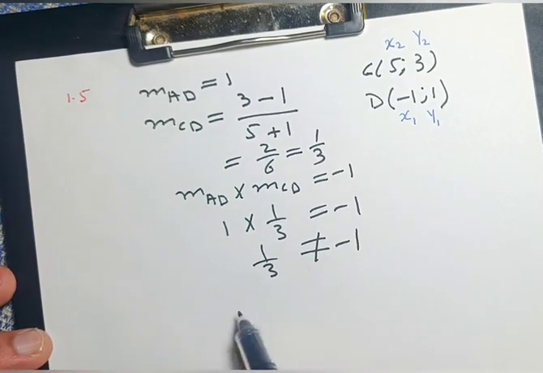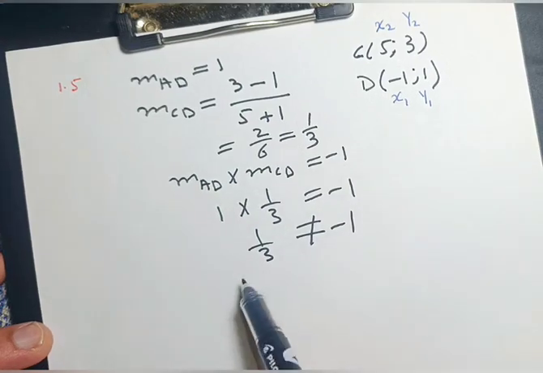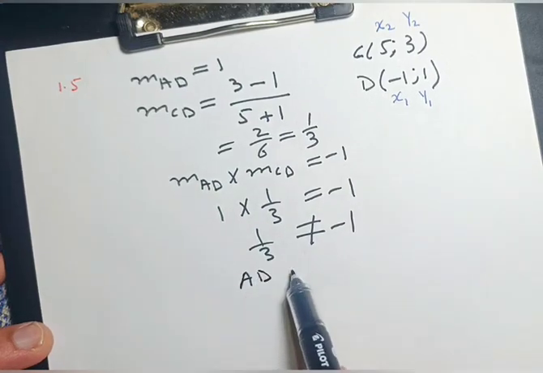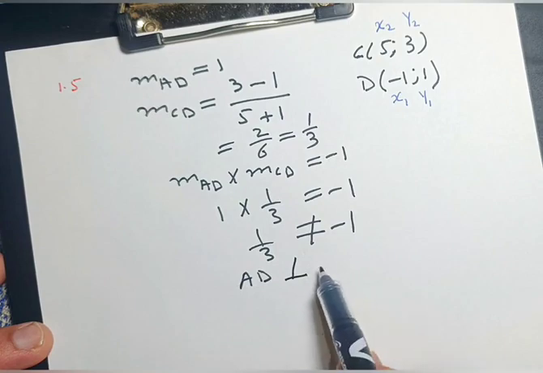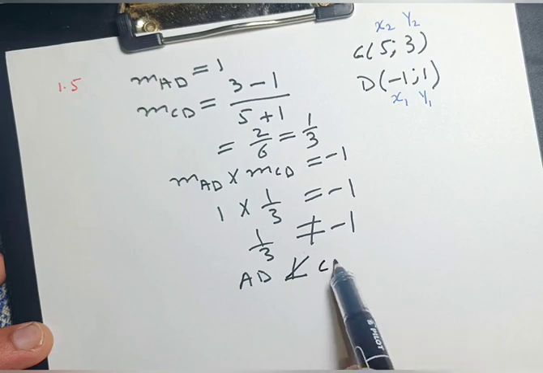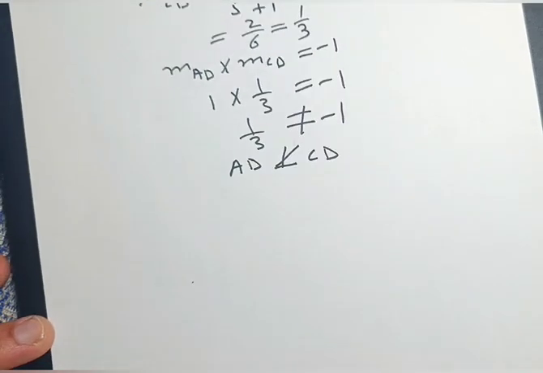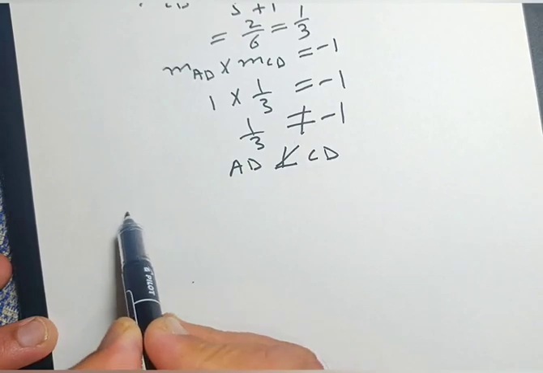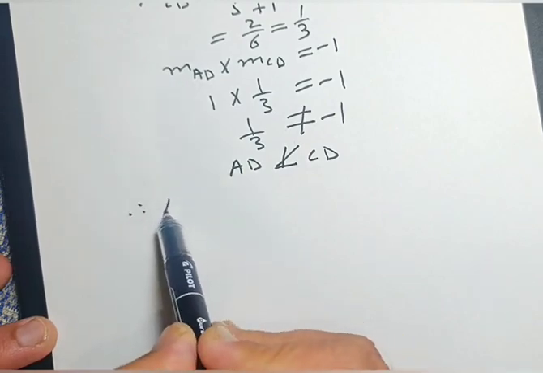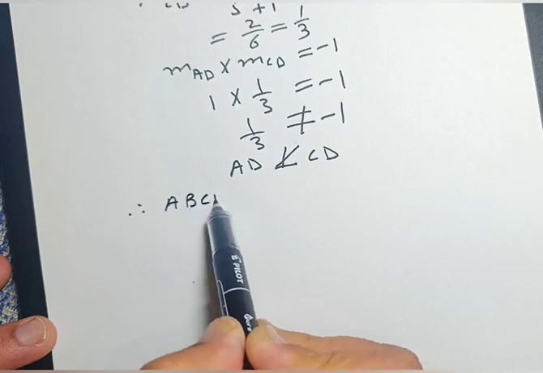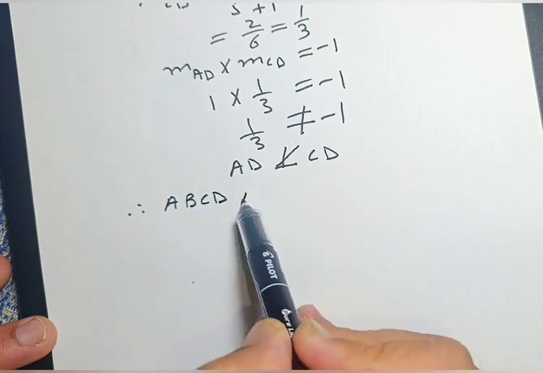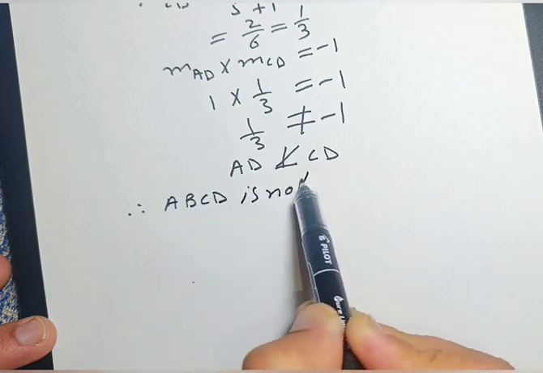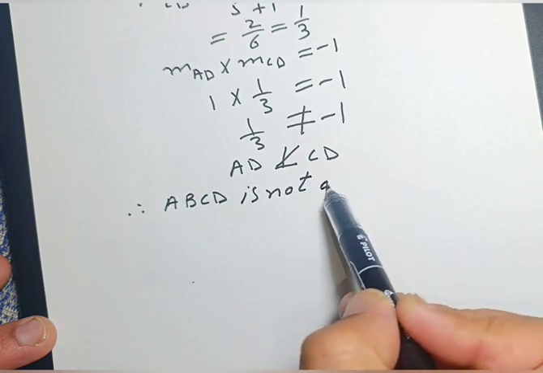So therefore, I can say AD is not perpendicular to CD. So I must give a reason that ABCD is not a rectangle.